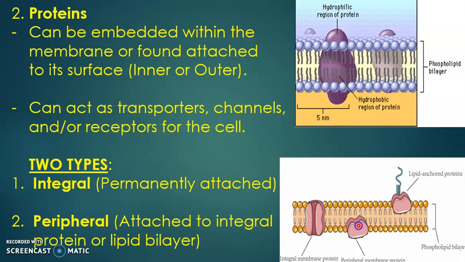All right, so both integral and peripheral proteins are going to aid in transportation. If something, for example, is too large to fit through the lipid bilayer, or you have a particle that is polar and would be repelled by these hydrophobic tails, that's when they're going to use these protein channels, where they can get through. If they're too big to squeeze through the lipid bilayer, they can go through this tunnel, like a tunnel through a mountain.